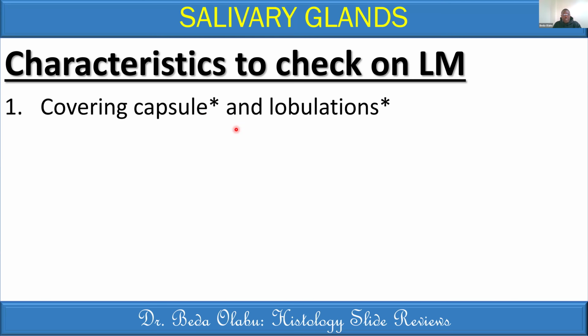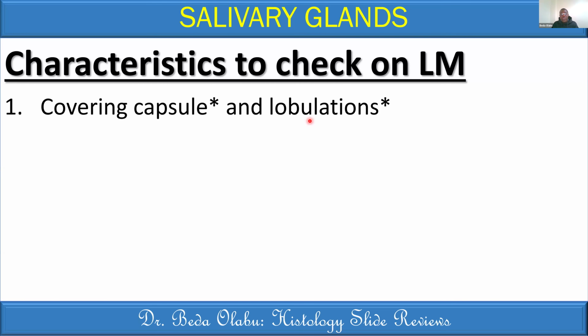First, the major salivary glands are encapsulated from what we learned from gross anatomy. This capsule is therefore part of the stromal tissue. And for most of them, again, this capsule sends in some septa into the gland that divide the gland into lobules.